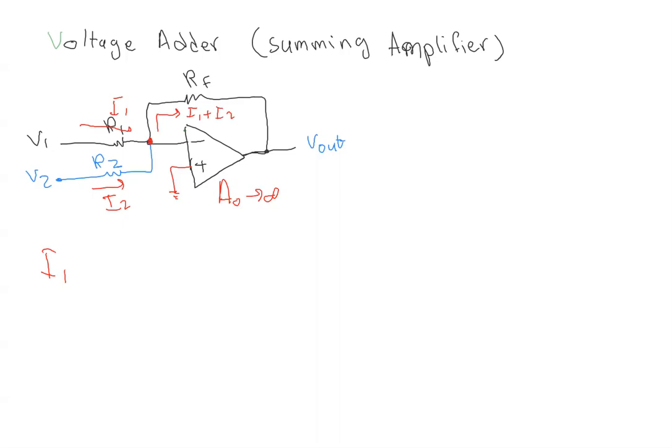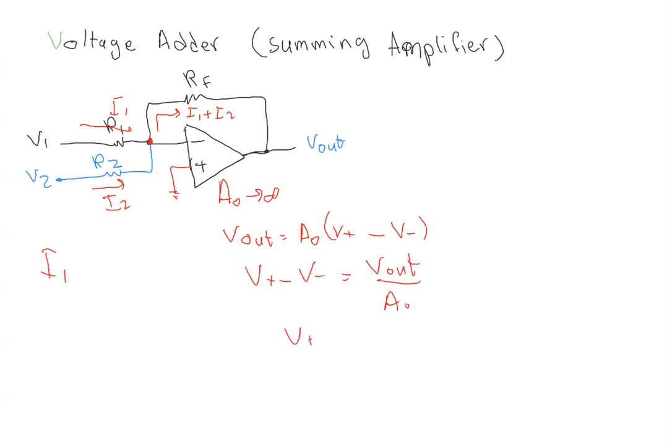You remember from the last lecture that V out is basically equal to A0 times V plus terminal minus the V negative terminal. So if A0 is almost infinity, this means that V plus minus V minus is equal to V out over infinity, which is almost equal to 0.